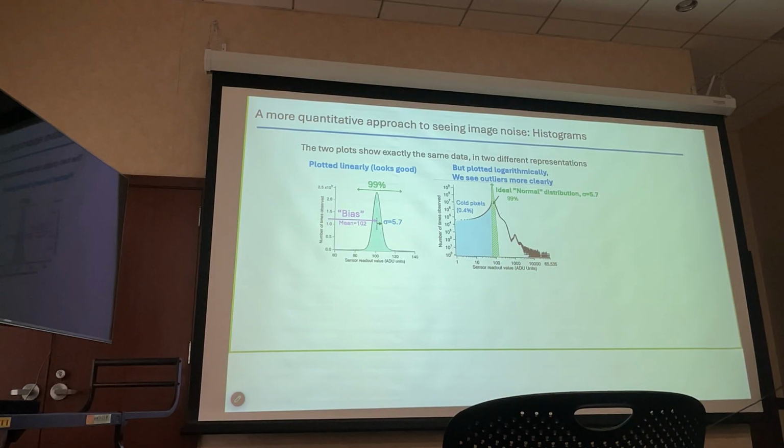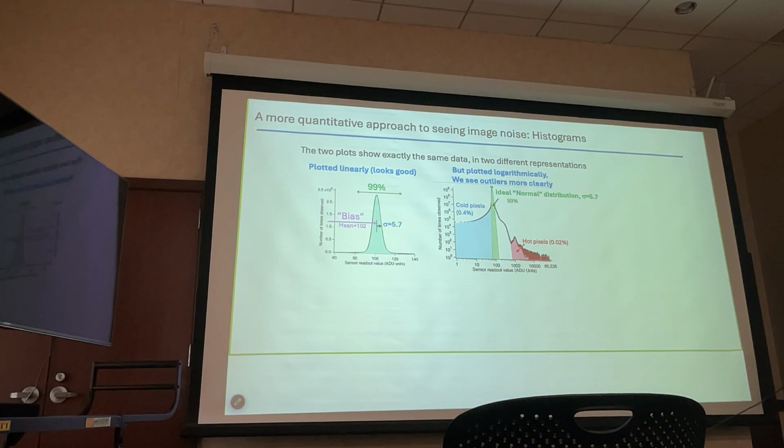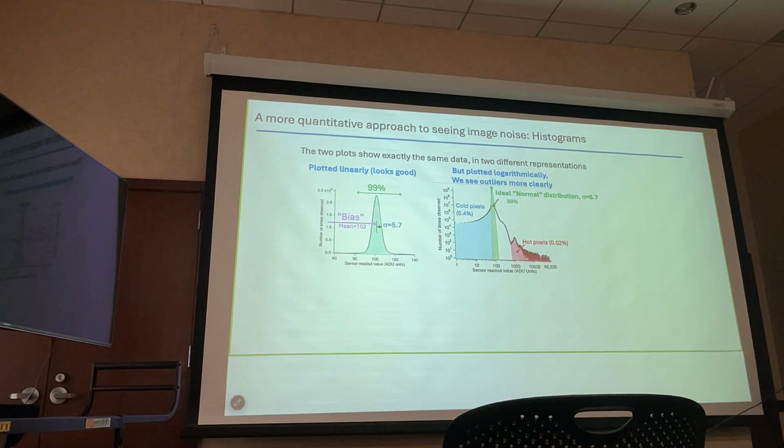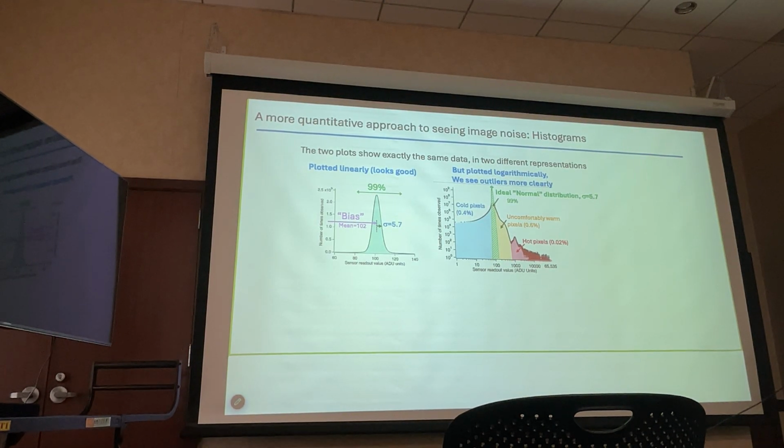But we've got some that are cold, about 0.4% of the image. We've got some that I'm calling hot pixels, about 0.02% of the image. And then we've got some that I simply call uncomfortably warm, about 0.6%.